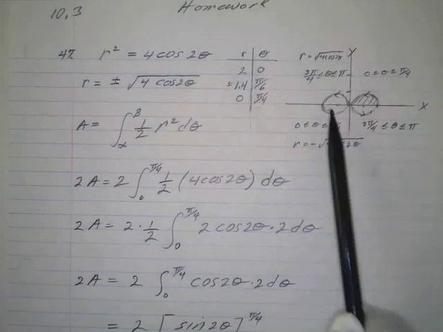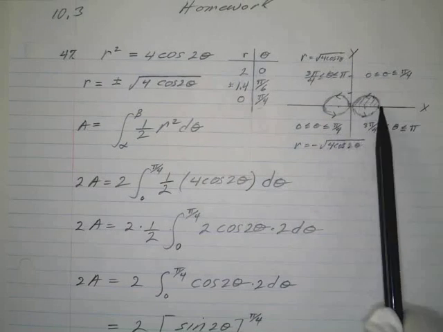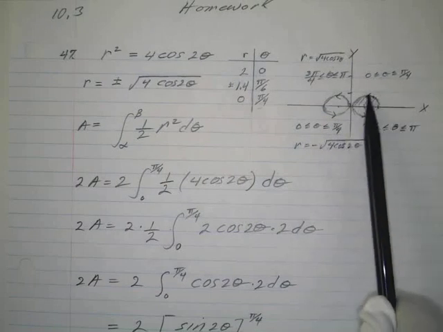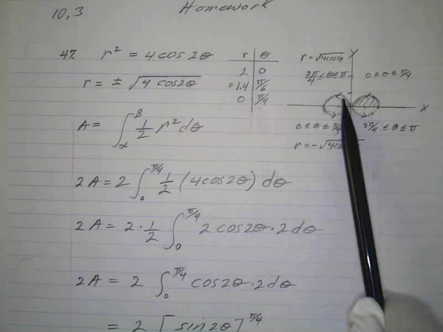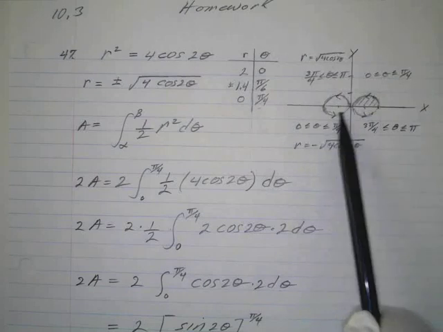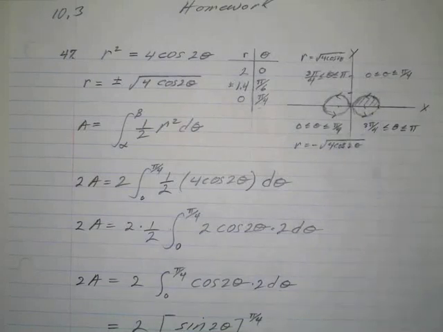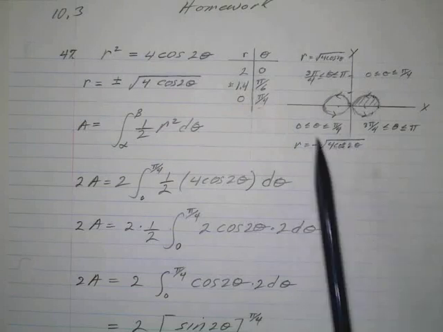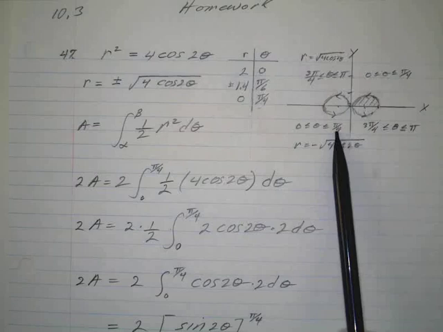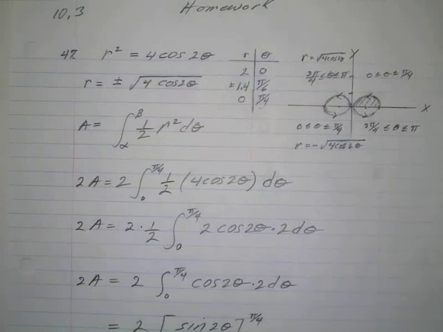Now we've got some bottom stuff going on here, and when you graph these, it kind of goes like this, and then like that, and then there's a little space that goes like this, and then like that. It's really strange how they work, and this is also happening on the second curve. If you try to graph them and think too much about it, you're just going to end up in trouble, believe me.